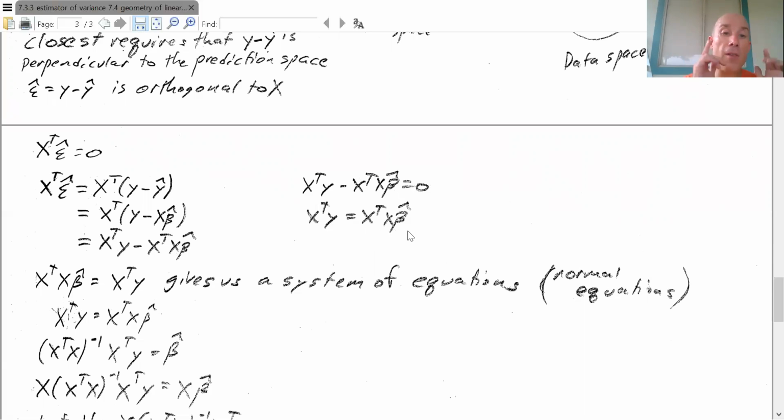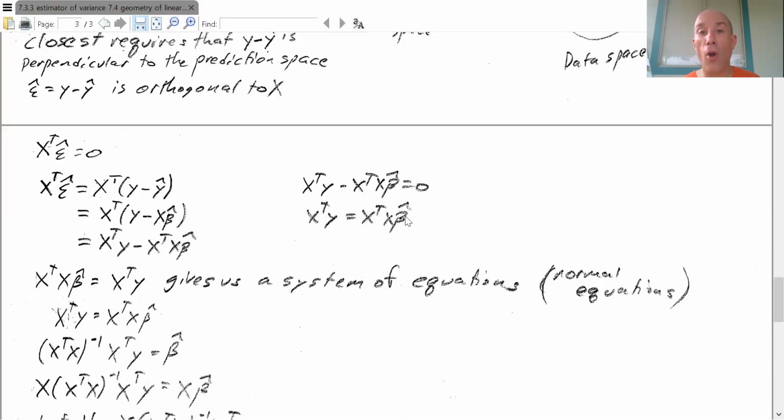At this point, you should be thinking, hey, this is almost a system of equations, because I have a vector equal to a matrix times unknown values.